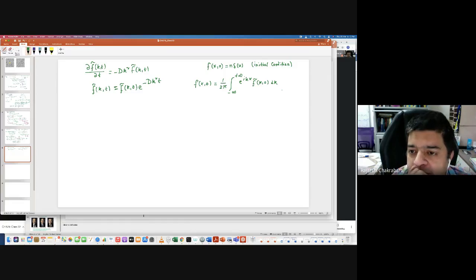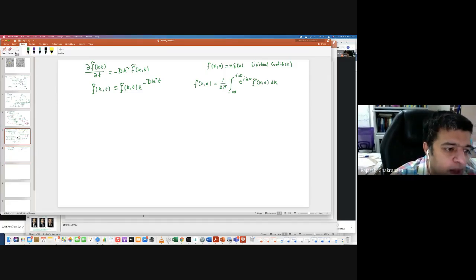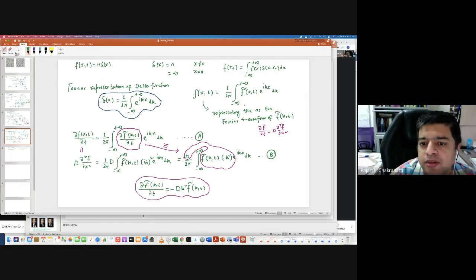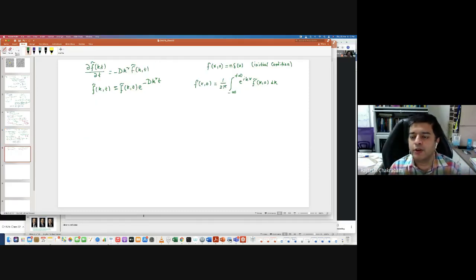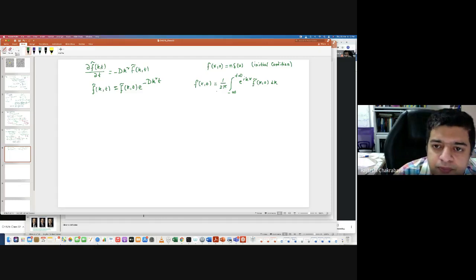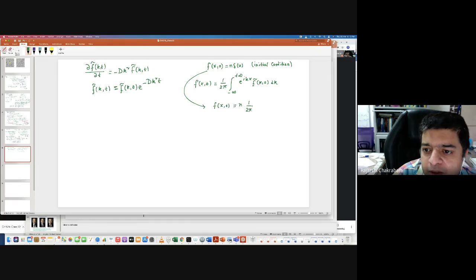Let's look carefully. If it is not fine, tell me. Go back. This is the expression, no? f of x comma t is 1 by twice pi integral of f tilde (k,t). Exactly the same, only I replace t with 0 at time 0. And also I can write this again as N. Now you know what the delta function is? Delta function is 1 by twice pi; we had used the Fourier representation of the delta function.